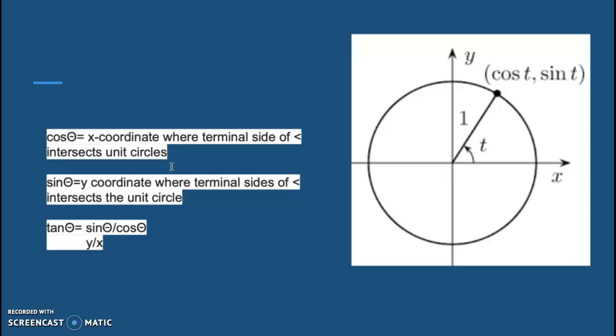So basically, this angle here is where it's intersecting at the x-coordinate and the y-coordinate, cosine and sine, with cosine being the x and sine being the y, and then tan being sine over cosine.